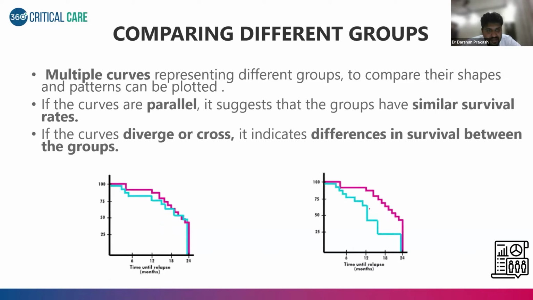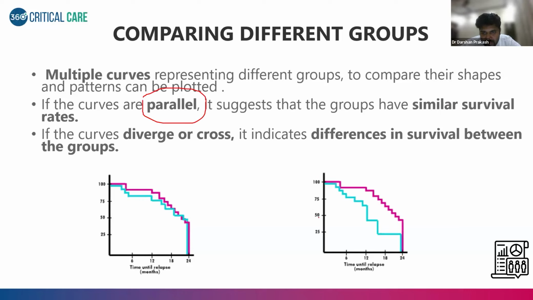So in this case, you can see the pink and the blue line are more or less together. That is suggesting a parallel movement. So the survival rates are similar in these two groups. Whereas in this one, the pink line usually has a better survival compared to the blue line at the end of 24 months. So how do we know that?